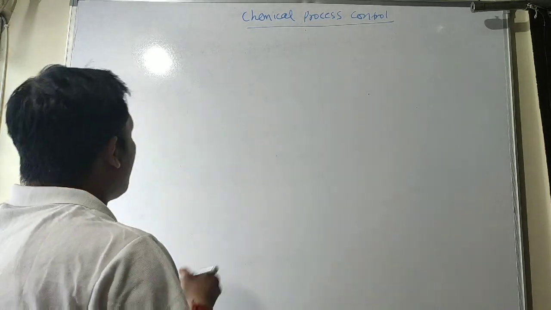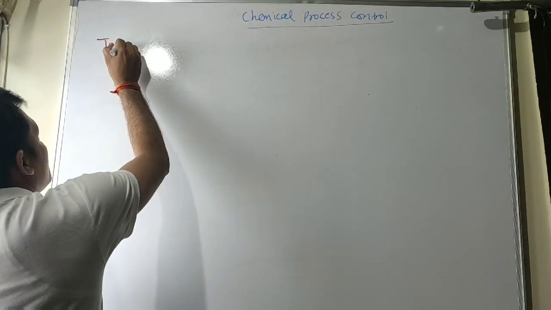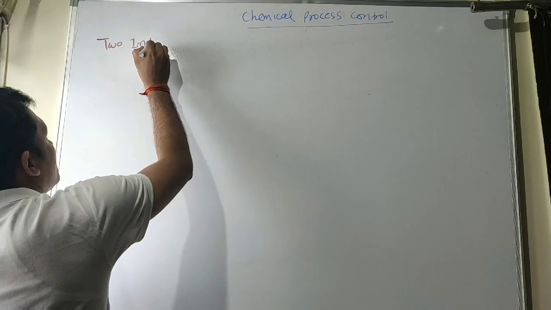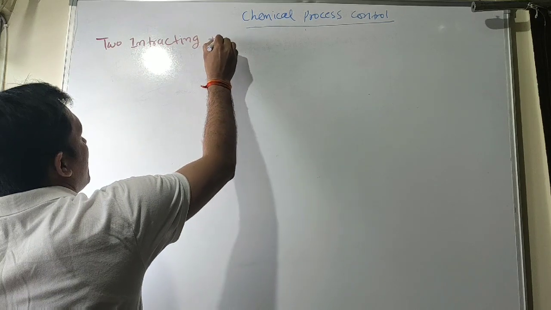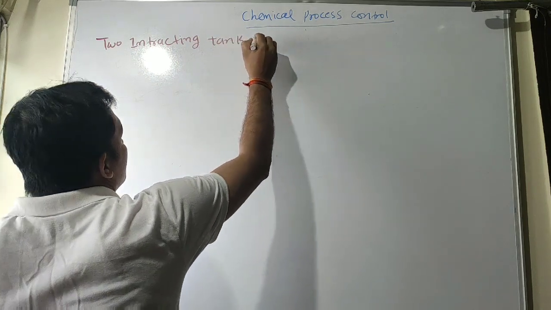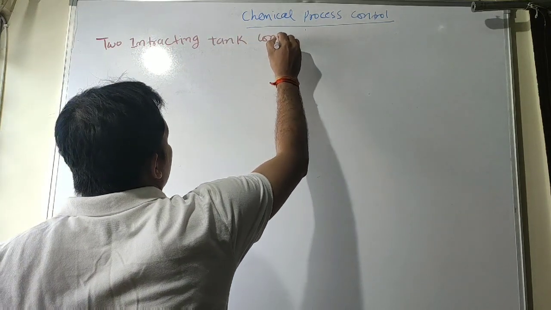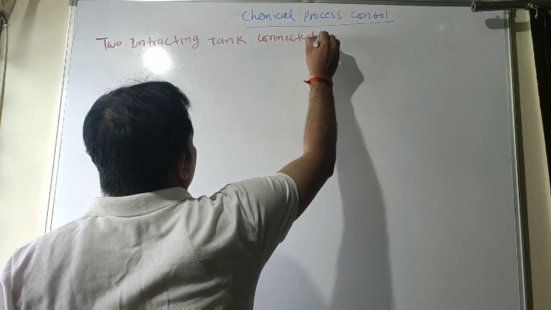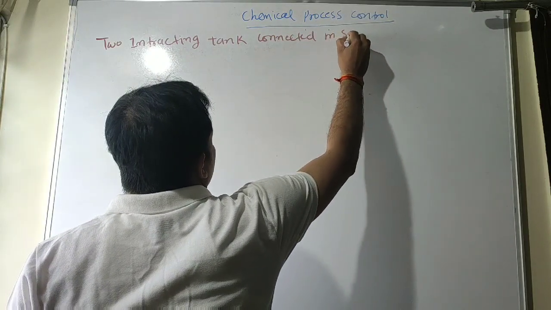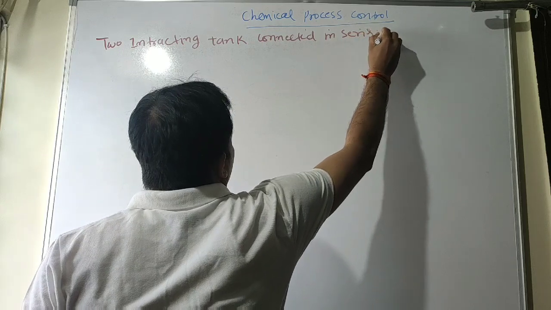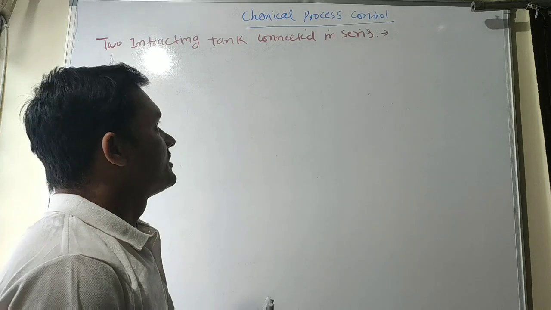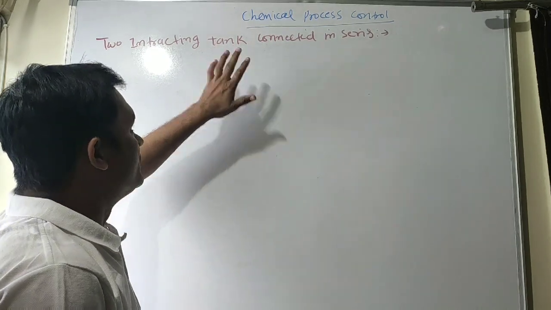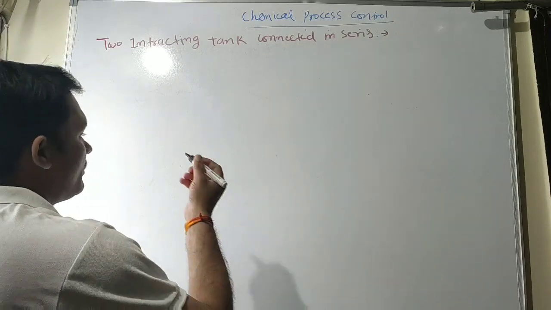Two interacting tanks connected in series. So we have to find out the transfer function of these two tanks which are connected in interacting form.